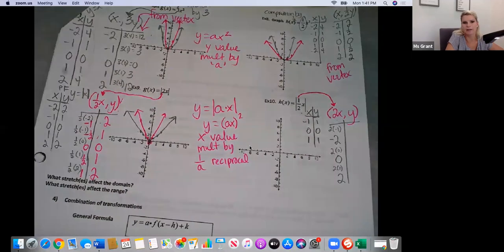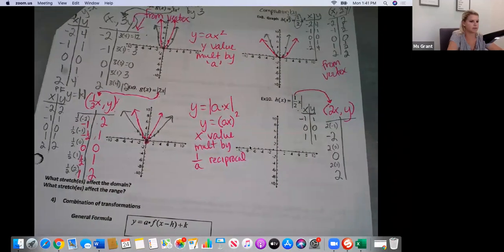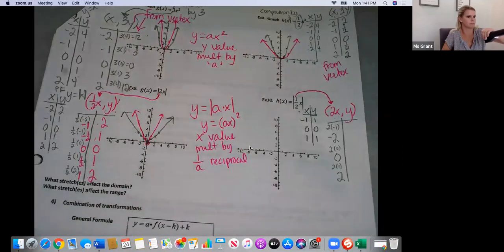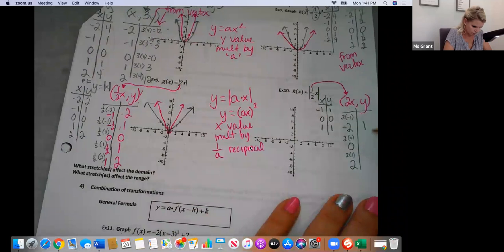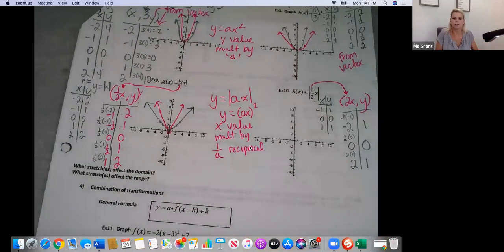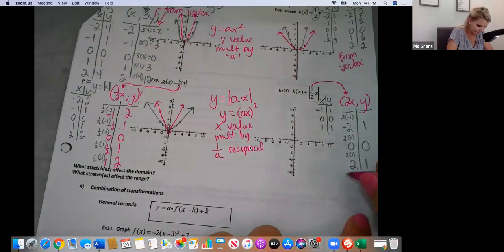My y value does not change. So when you graph, you'll see that the changes make this become a wider graph.